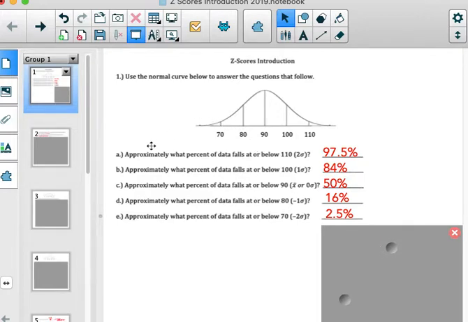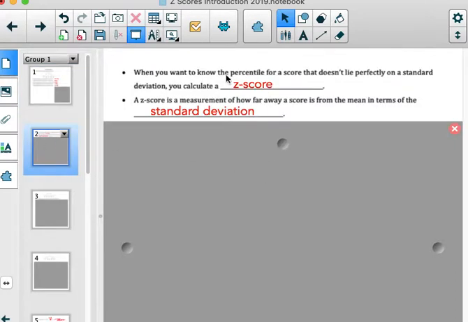And so moving on here, when you want to know a percentile score that doesn't lie perfectly on one of these tick marks, we will have to calculate what we call a Z-score. Z-scores come from calculating the exact area under the curve, and as I shared with you last time, that involves calculus, finding the area under a curve.